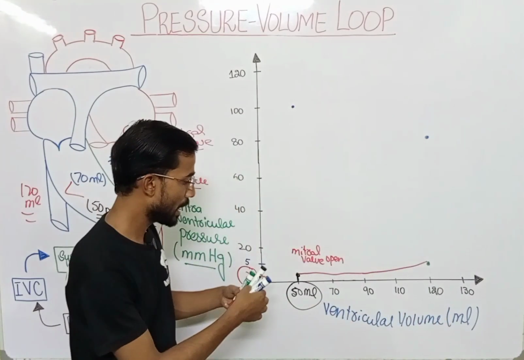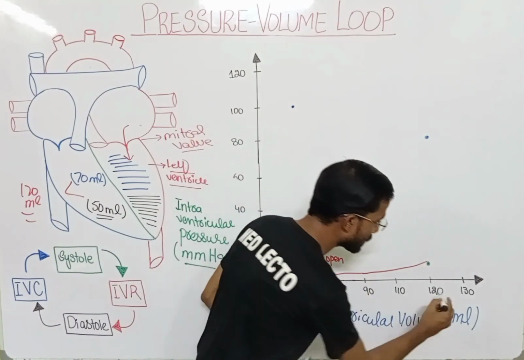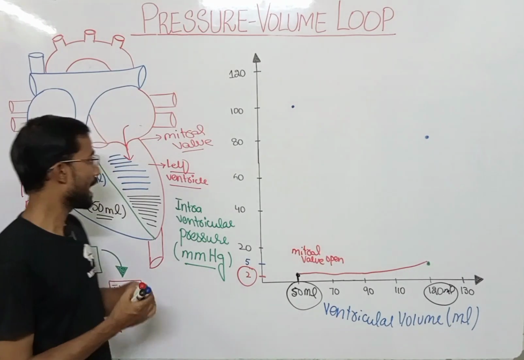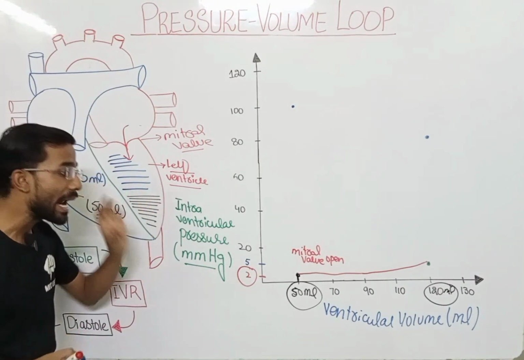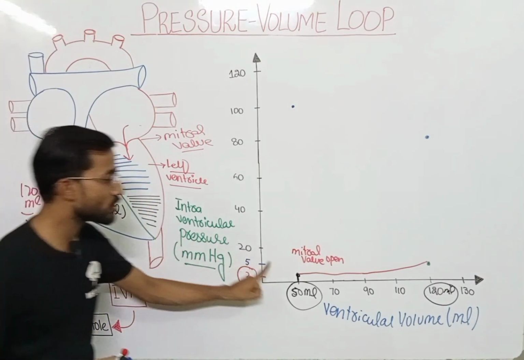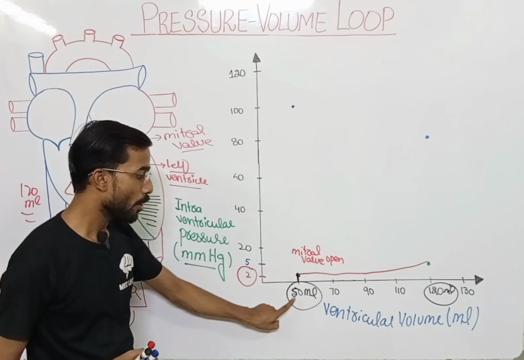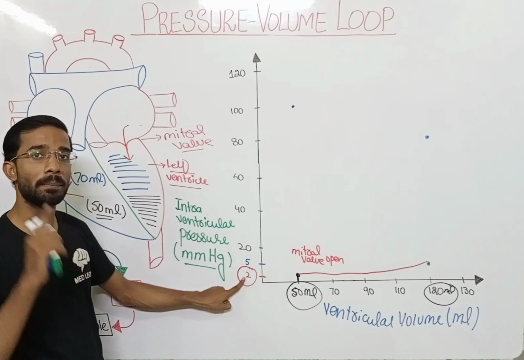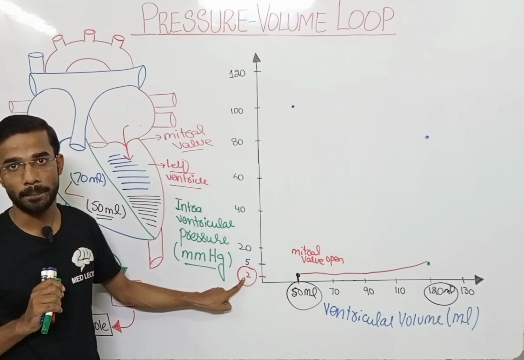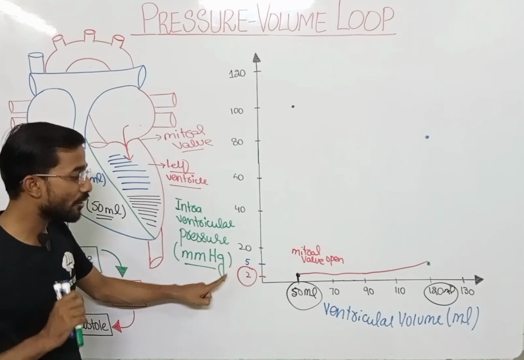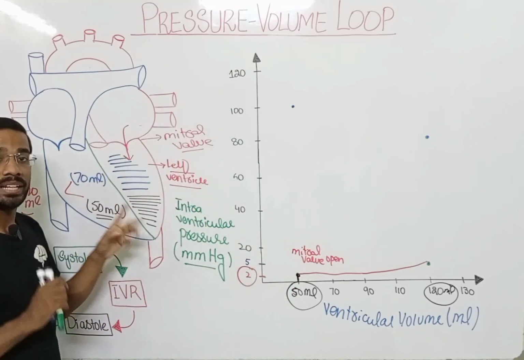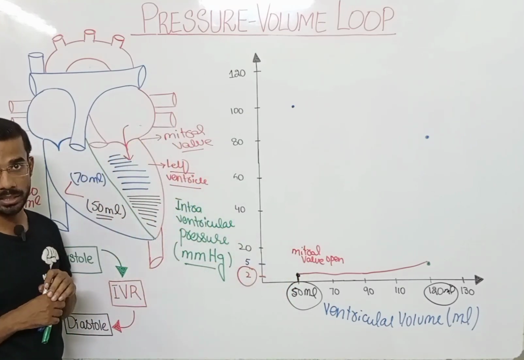So now there is 120 ml of blood present in the left ventricle. And during this phase, at the starting point when the volume is 50 ml, the pressure will be 2 millimeter mercury. After that, with the passage of time, when the blood starts moving, you see the pressure starts increasing.